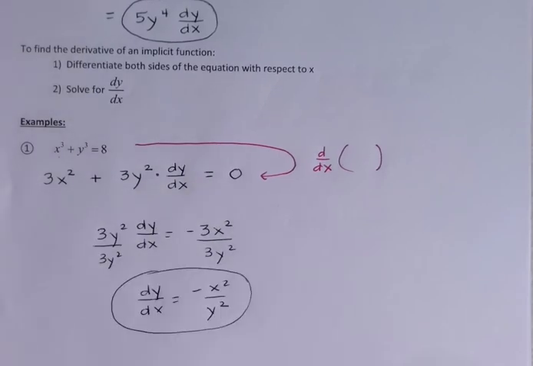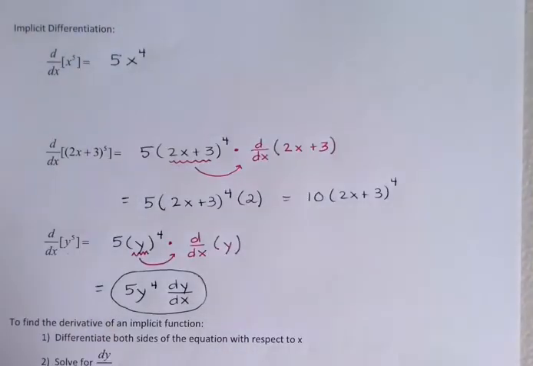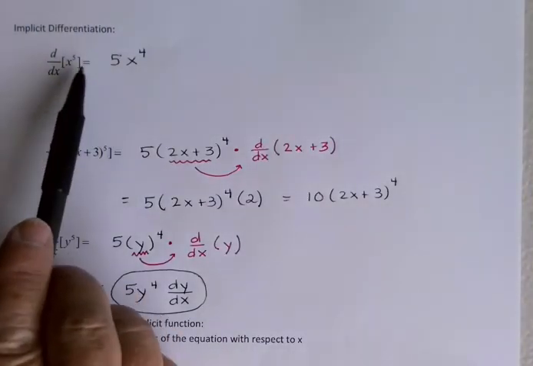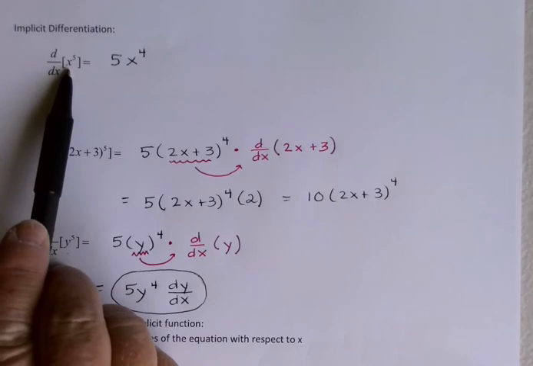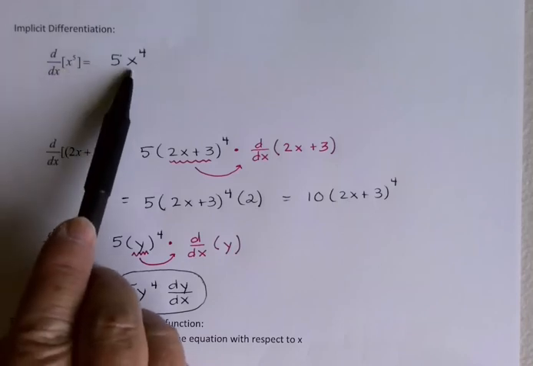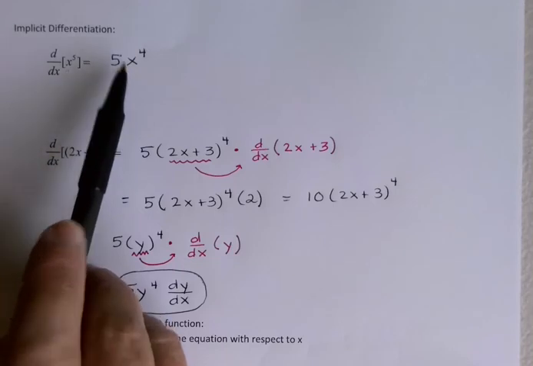Now I want to point out one other thing about these implicit derivatives. You're used to seeing derivatives of explicit functions, like x to the 5th. And when you take the derivative of an explicit function, there are only x's. It's the only variable in the derivative itself.